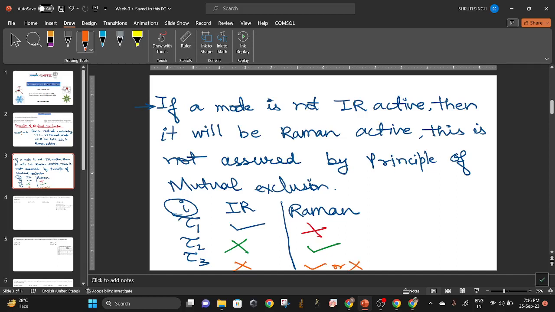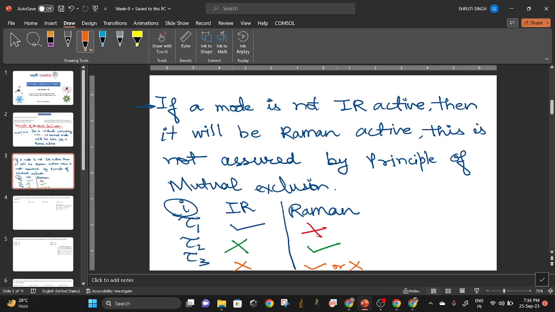If it is not active in IR, it does not assure that it will be active in Raman. If it is active in IR, the rule assures that it will not be active in Raman. You got my point?